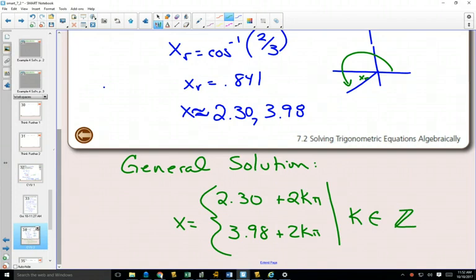So for the general solution, the only thing different is you take all of your answers from 0 to 2 pi and add 2k pi to them to list every single coterminal angle with 2.3 and 3.98.